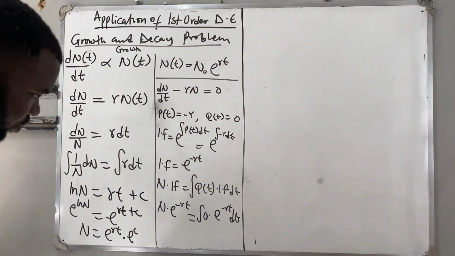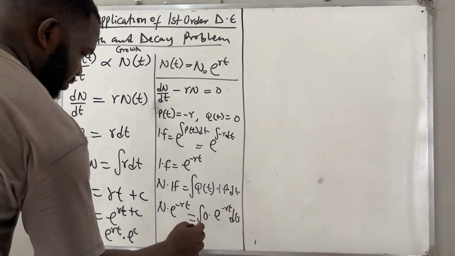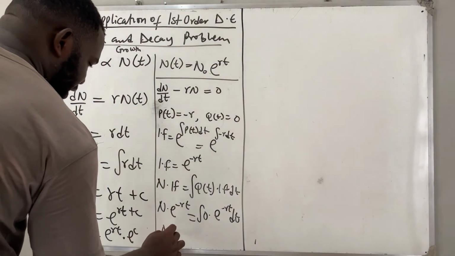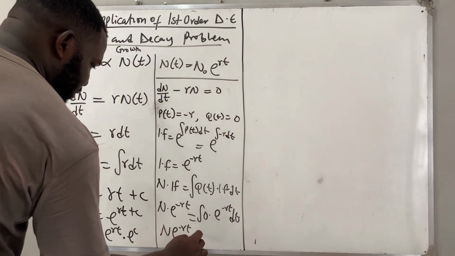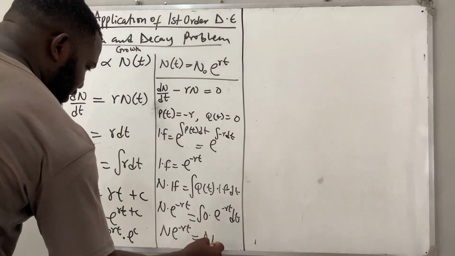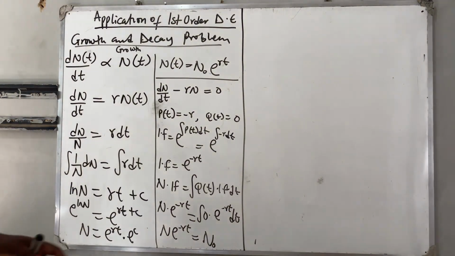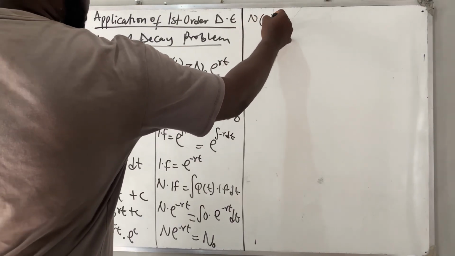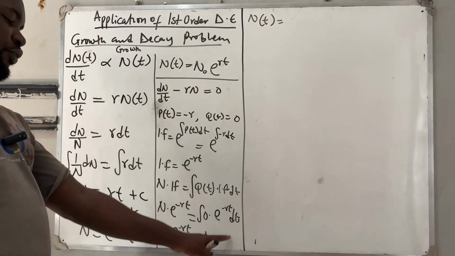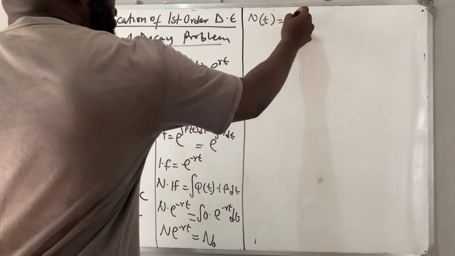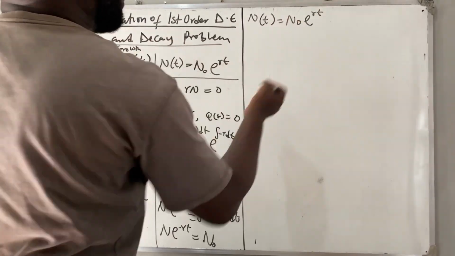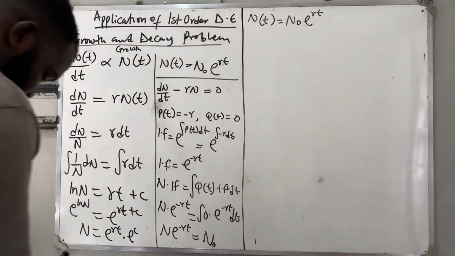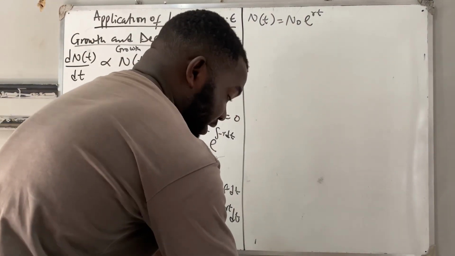Since it's giving us just a constant, N exponential minus rt is equal to a constant. Let me call it N of 0. If this now moves to this side, the exponent is negative, so moving it becomes positive. So I have N naught exponential rt. Any method you like will give you the same result for the derivation.